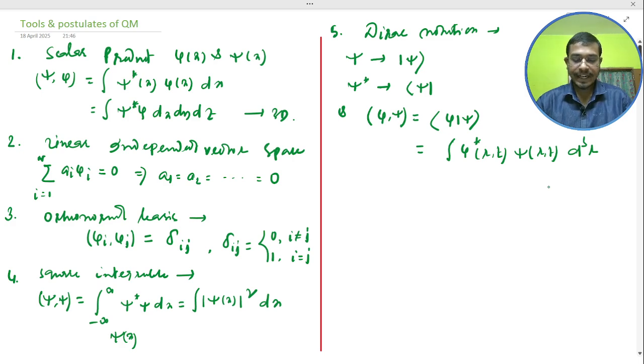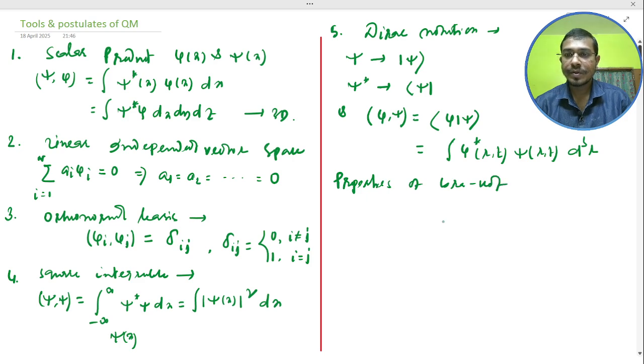And the properties of kets, bras and brackets, the properties of the bracket notation. The conjugate of ket psi is the bra psi.